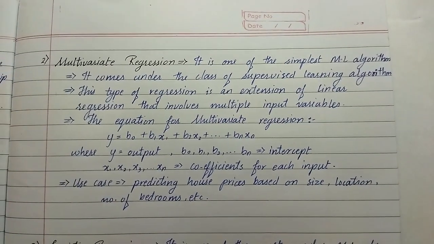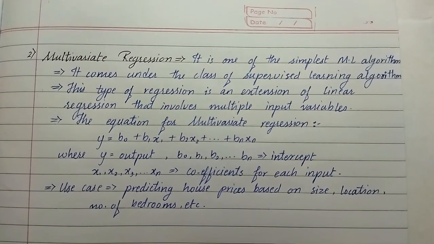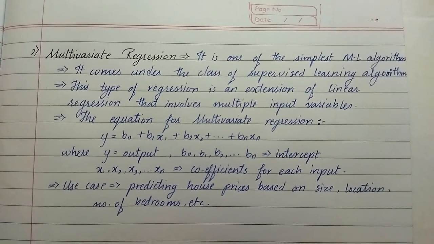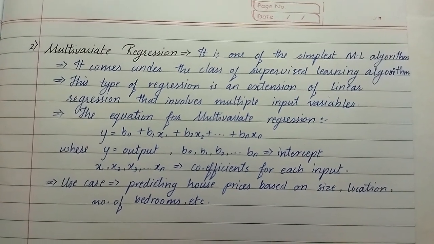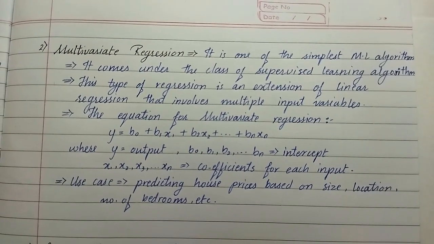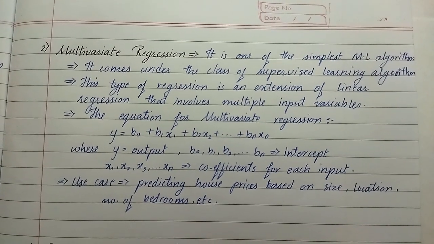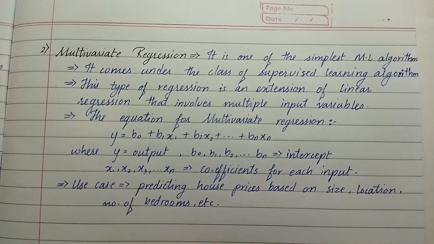So the second type of regression, that is multivariate regression. It is one of the simplest ML algorithms, and it comes under the class of supervised learning algorithm. And this type of regression is an extension of linear regression that involves multiple input variables.